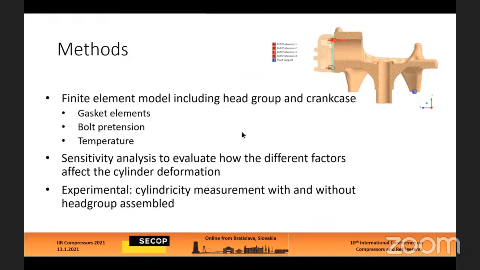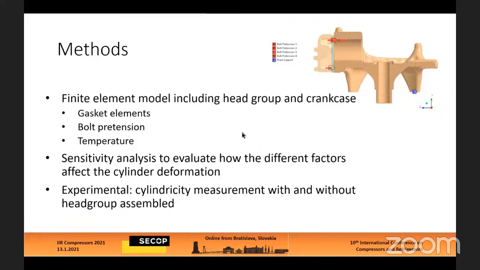And we chose to do the sensitivity analysis to evaluate how different factors are affecting cylindricity values, and at the end being able to join this together with the experimental results, experimental measurements of the cylindricity that is made actually with and without the head group assembly. Because at the end what we have is on the numerical model a perfect cylinder.